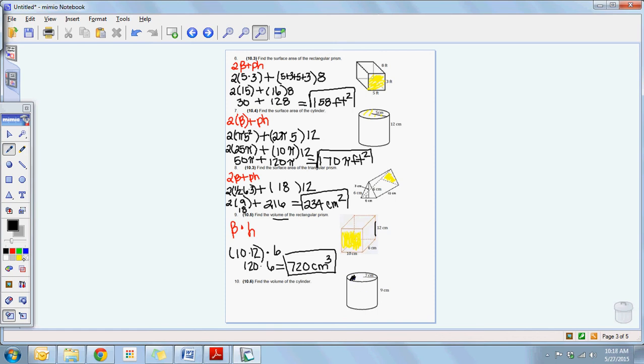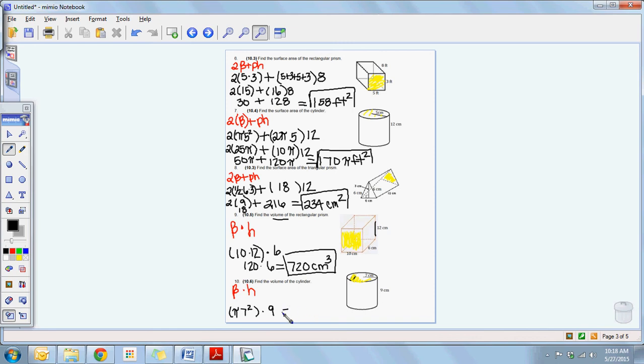Last type of volume problem, now we're doing a cylinder, so we have to shade our circle. Oops, I have to do that in yellow. So we're going to do our circle. It's the same thing, it's going to be base area times height. But since it's a circle, in order to find the base area, I'm going to do pi radius squared. My radius is 7. So pi radius squared times the height of my entire prism, which is 9.